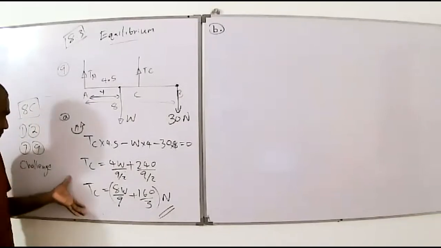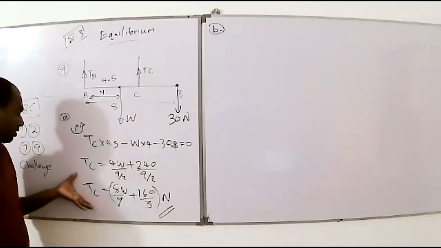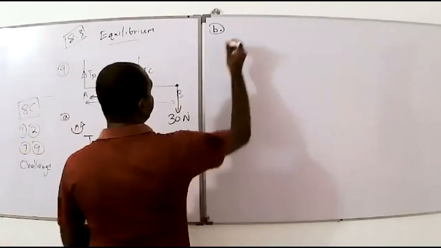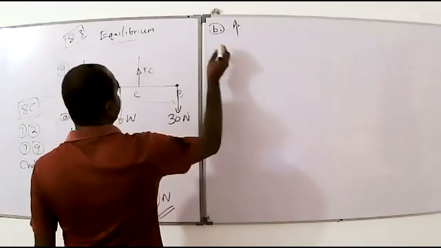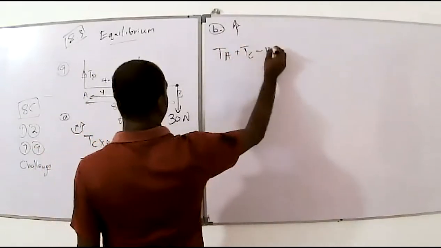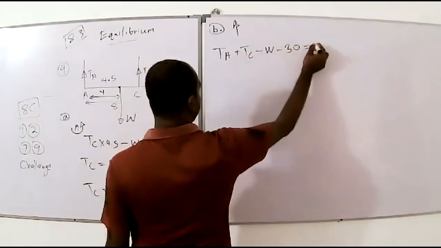What can we do? We can use this value to find it. If you resolve forces upward, what do you get? TA plus TC minus W minus 30 is equal to 0.